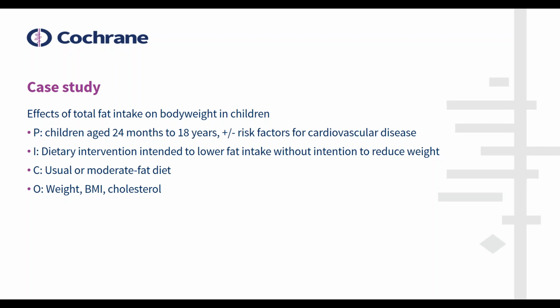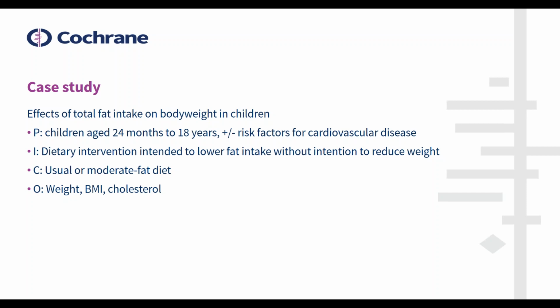As you can see here, I've listed the PICO, the eligibility criteria for the review, with children aged between 2 and 18 years, with or without risk factors for cardiovascular disease. The interventions were dietary interventions, usually counselling and sessions intended to educate children and their families about changing their diet, where the intention was to lower fat intake but not to reduce weight.